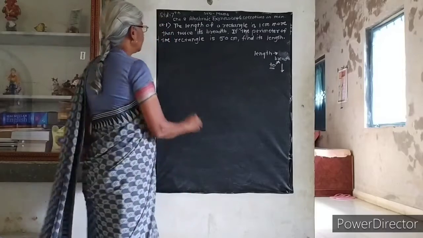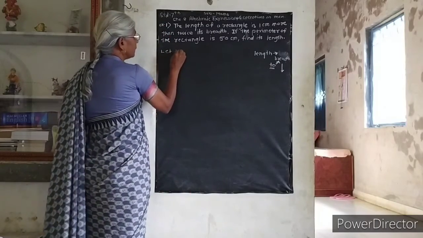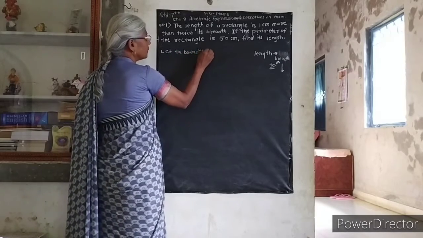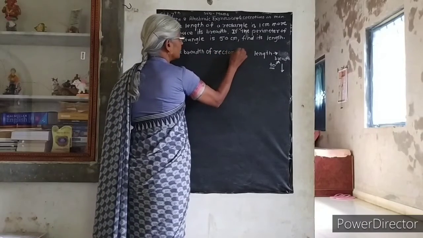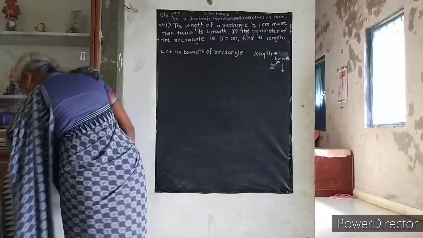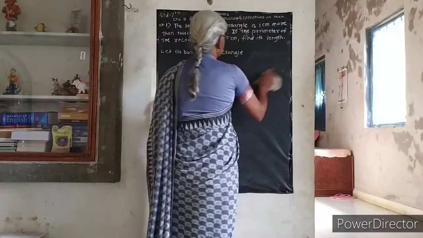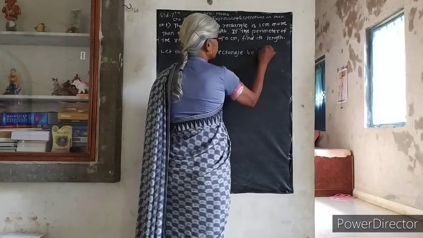Then we write here, let the breadth of the rectangle be x centimeter.